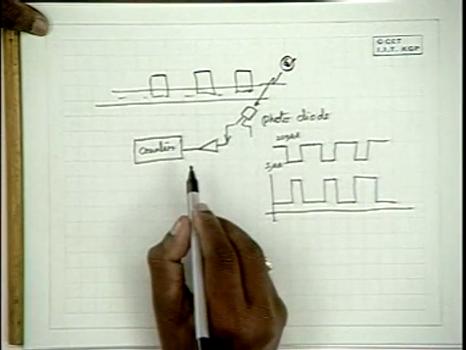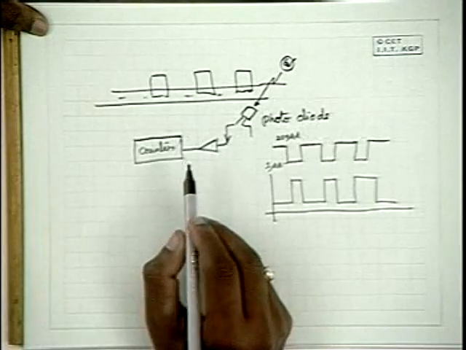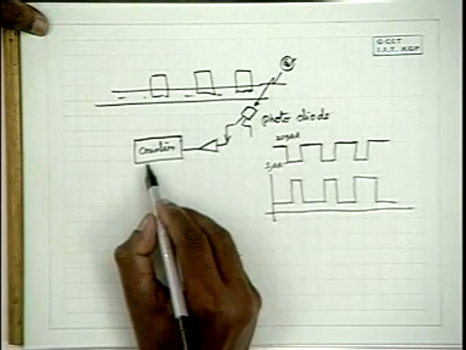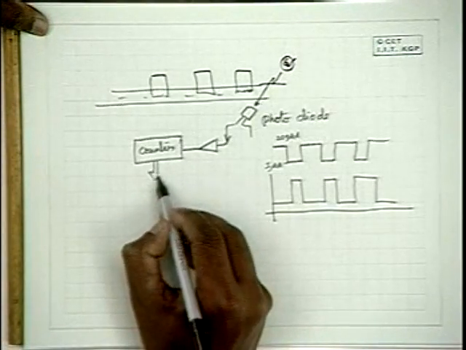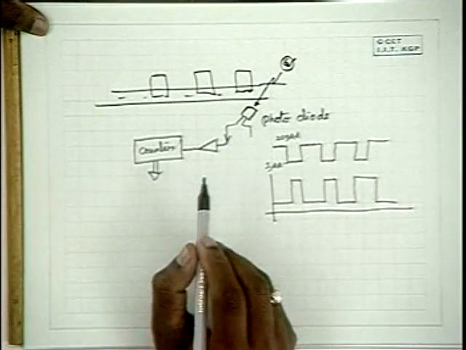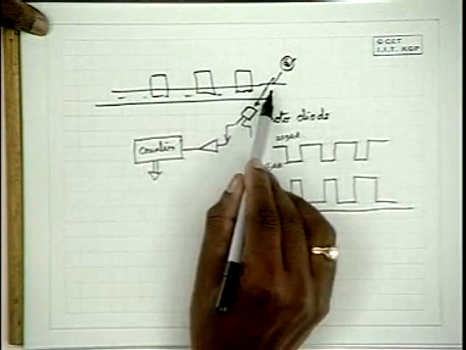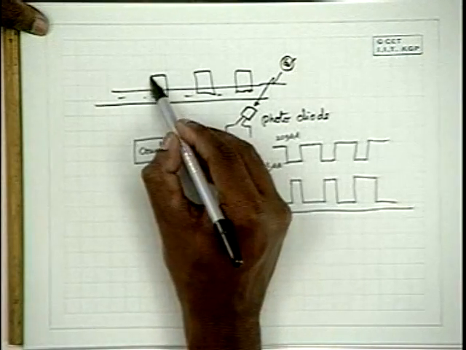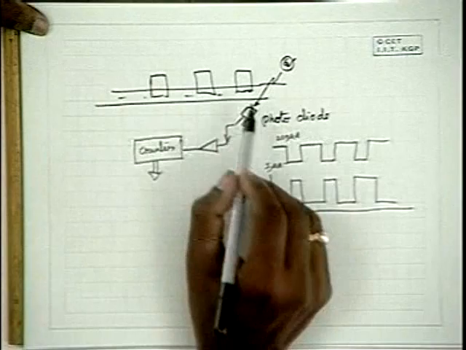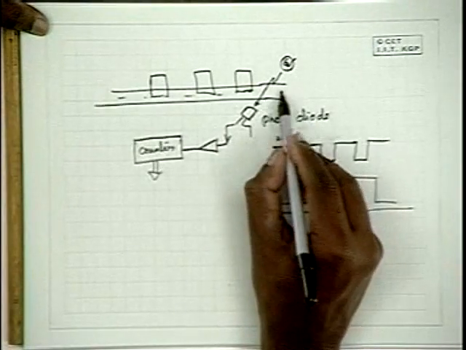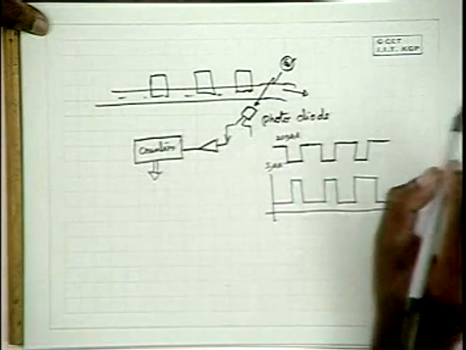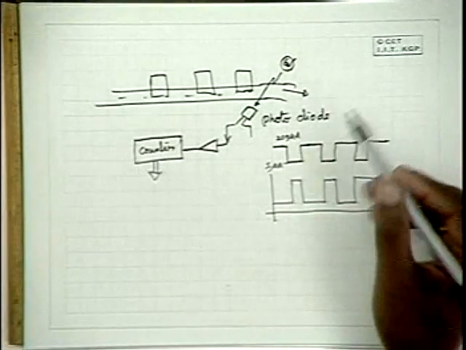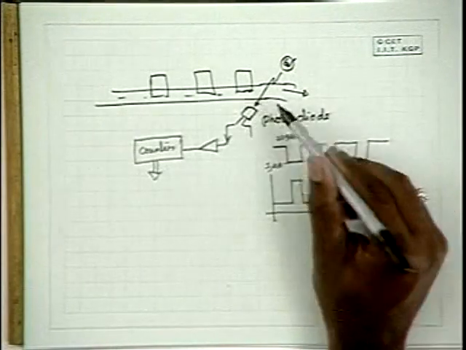We will be discussing counters towards the end of this course. And the counter gives you the count out, so the number of obstructions that have taken place, that means the number of units that passed over the conveyor belt. Many such applications are there where you can use photodiodes.